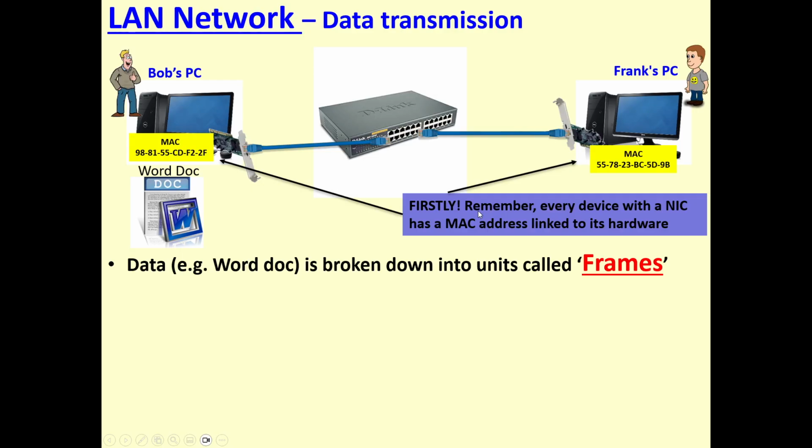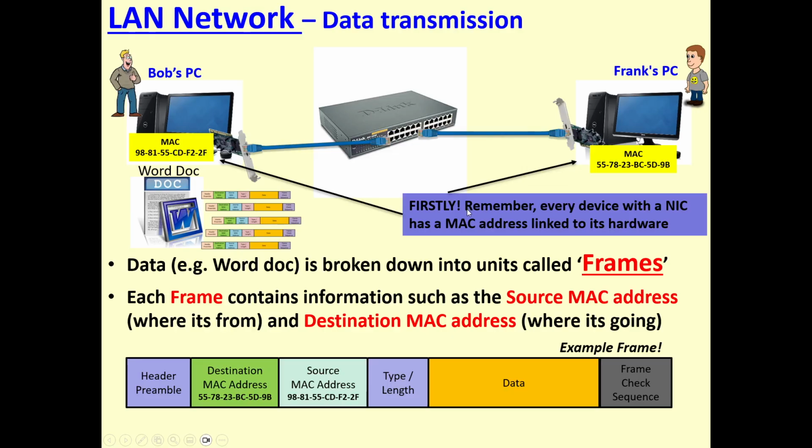Data is broken up into little units called frames. Each frame has information such as the source MAC address, where it's come from, and the destination MAC address, where it's going to, as well as a chunk of data from that file. So the file is too big on its own, it has to be broken up into smaller sections called frames.